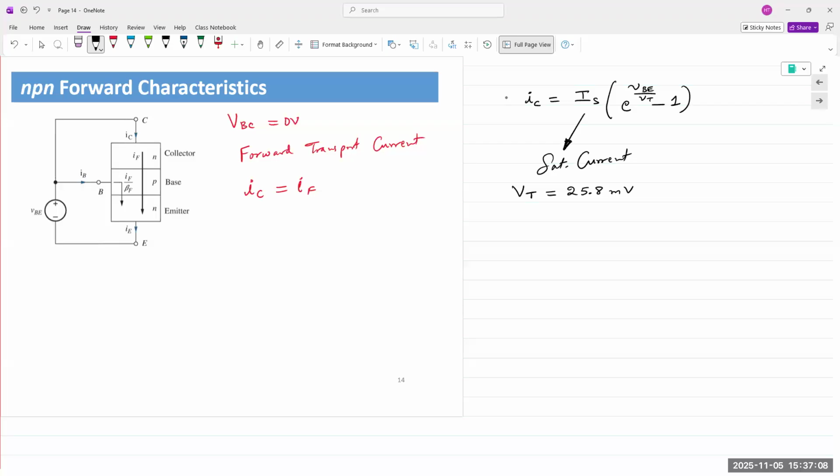So I can take this entire expression and divide by beta, and I would get IB, e raised to VBE over VT minus 1. I would just as soon get rid of the 1, but it's part of the equation. So typically when I do an approximation, if I want a quick answer, I would ignore that 1. Just e raised to VBE over VT.